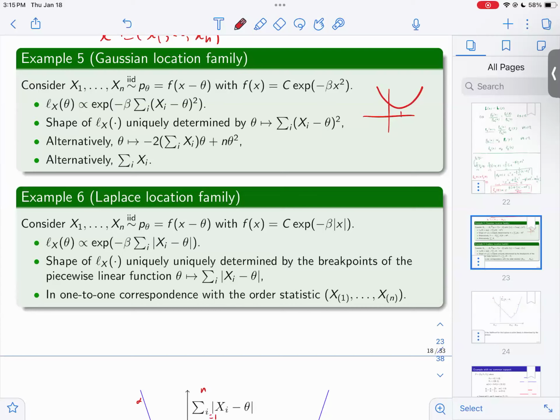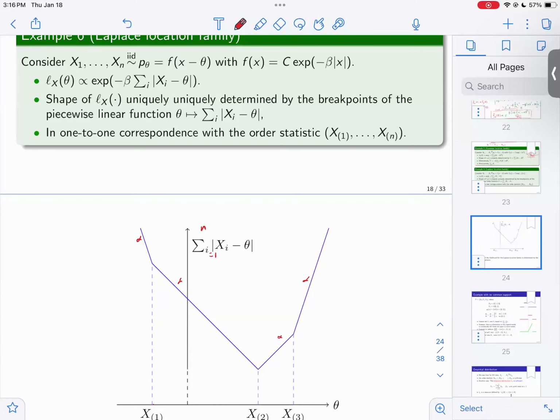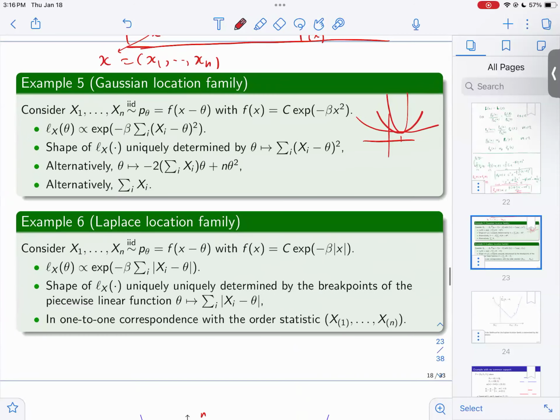You think about it: there is the slope, how sharp it is, whether it's flat or not, and that's determined by n, and the location of the minimum. There's no other information in this. There's a lot more information in the other example, where you have all these kinks that you can recover. With the quadratic, there's just the minimum and how spread out it is. So just n and this can be recovered from the shape of the likelihood.